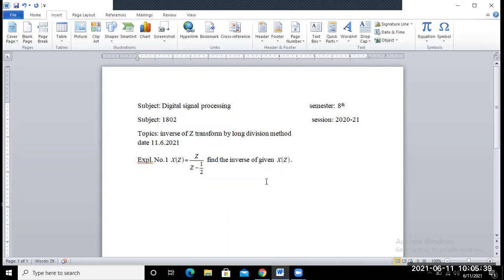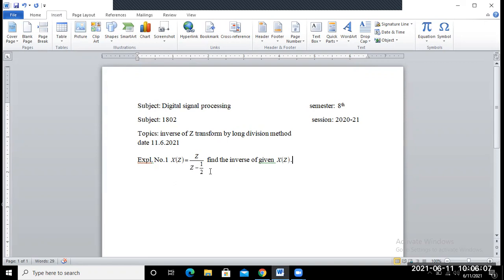If you remember, we have already tried the standard formula for z by z minus a. We have already transformed some discrete digital signals into the Z transform.